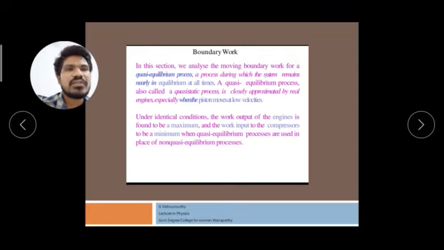A quasi-equilibrium process is closely approximated by real engines, especially when the piston moves at low velocities. Under identical conditions, the work output of the engines is found to be a maximum and the work input of the compressor to be a minimum when quasi-equilibrium processes are used in place of non-quasi-equilibrium processes.